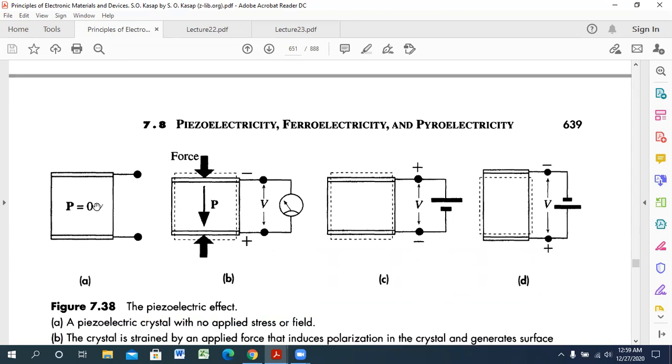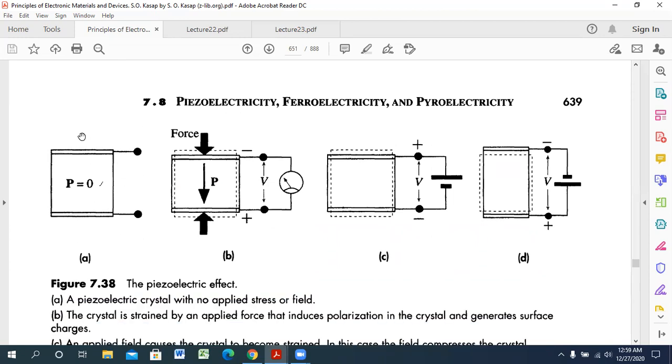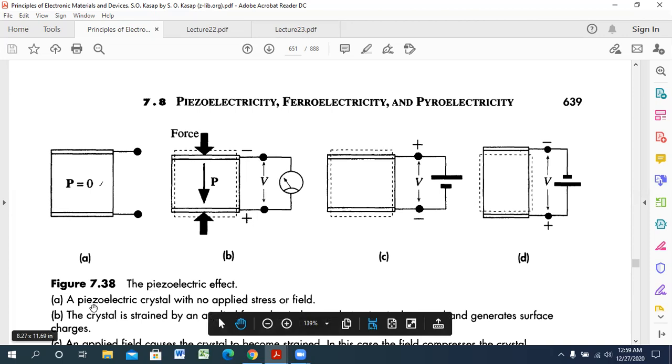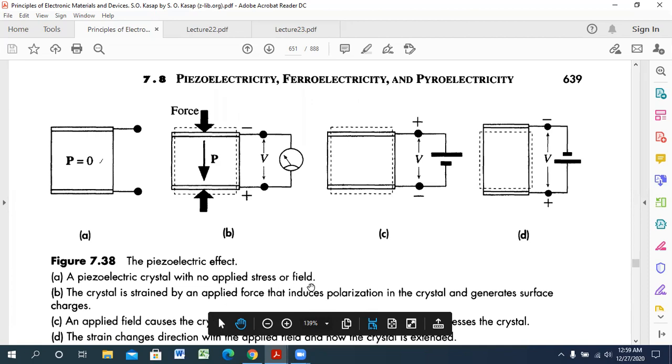So look at this figure. Say for example, if this was our crystal, that one is the piezoelectric crystal with no applied stress or field. That means we have not applied any external electric field.